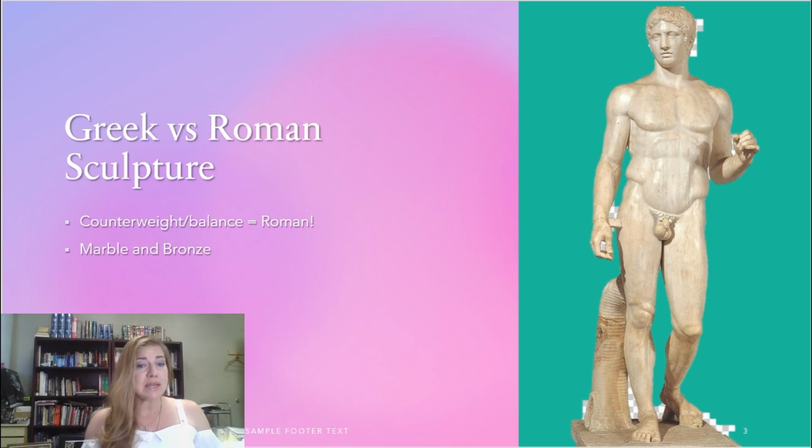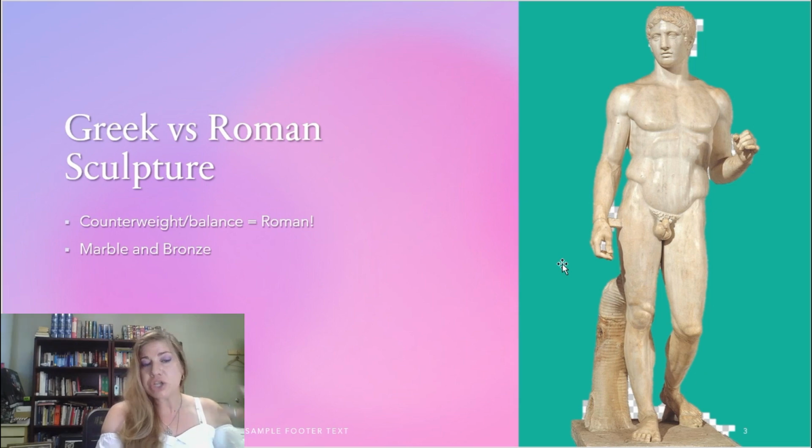So copies in marble of bronze statues became very common, and it started to happen in the Roman period as well. Oftentimes we have marble replicas of older statues that may or may not be lost. And so this one has two great examples of what changes when we get into marble.